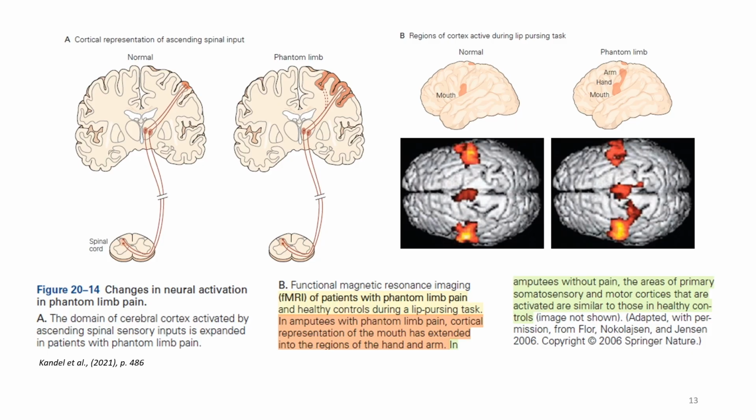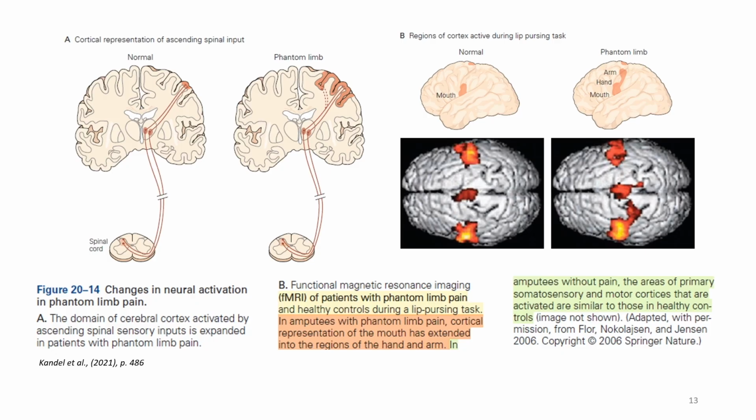And interestingly, the brains of people who report pain following the amputation in the phantom limb and people who do not have shown an interesting type of plasticity that impacts the homunculus, the somatosensory organization.